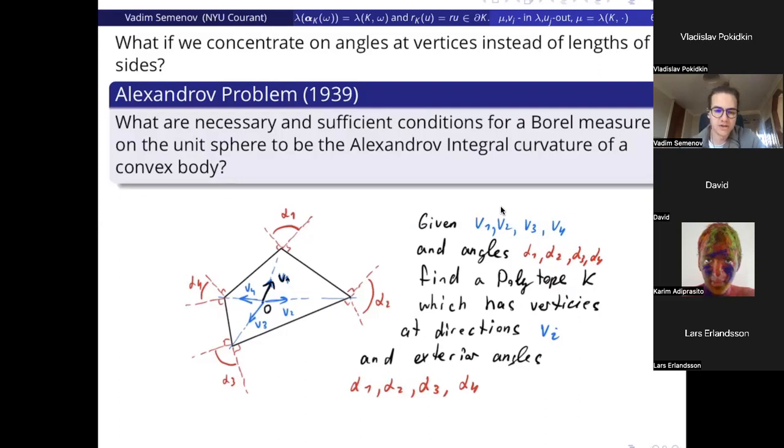Now each convex polytope with a vertex in that direction has an exterior angle, right? And these are some numbers: alpha 1, alpha 2, alpha 3, alpha 4. And so what relations do they satisfy? Given these vectors and given these numbers, does there exist a convex polytope which realizes this combination, with vertices at the given vectors and with the numbers as angles? And so this is Aleksandrov's problem.